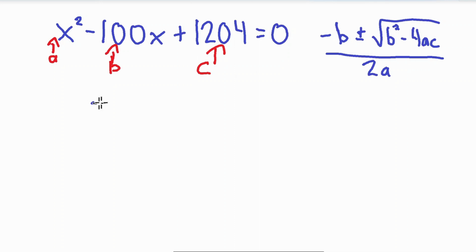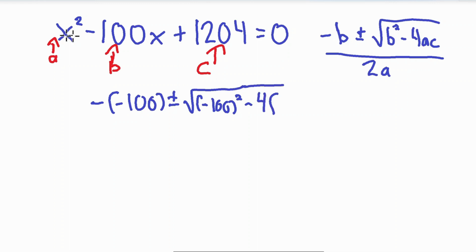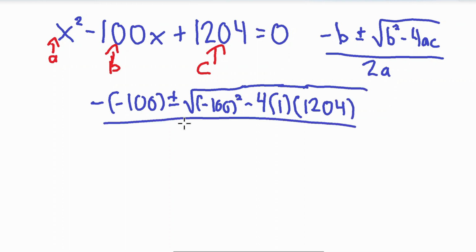Alright, now let's plug it in to our quadratic formula. So negative b, which is negative 100, plus minus square root of b squared, so negative 100 again, squared, minus 4a. Remember we said a was 1 because there's no coefficient in front of the x squared. a is 1, and then c is 1,204, all over 2 times a, which is 1. Okay, so now we have our formula, and now let's simplify it.